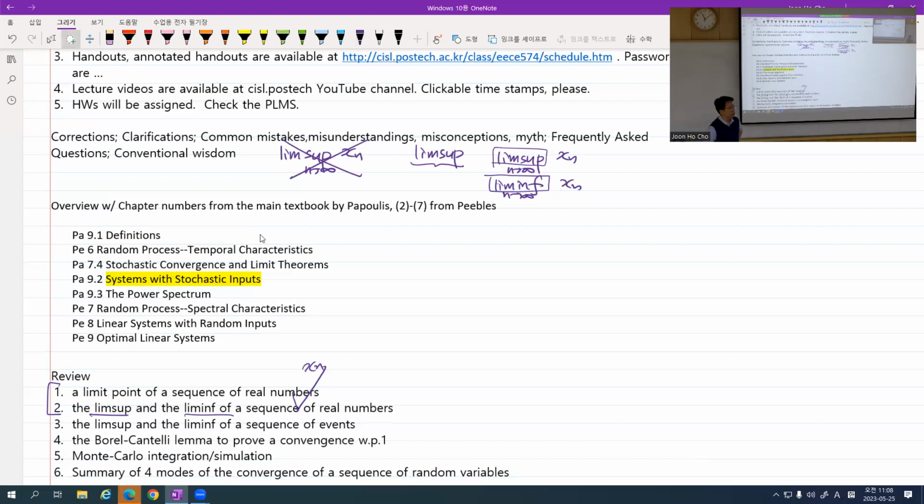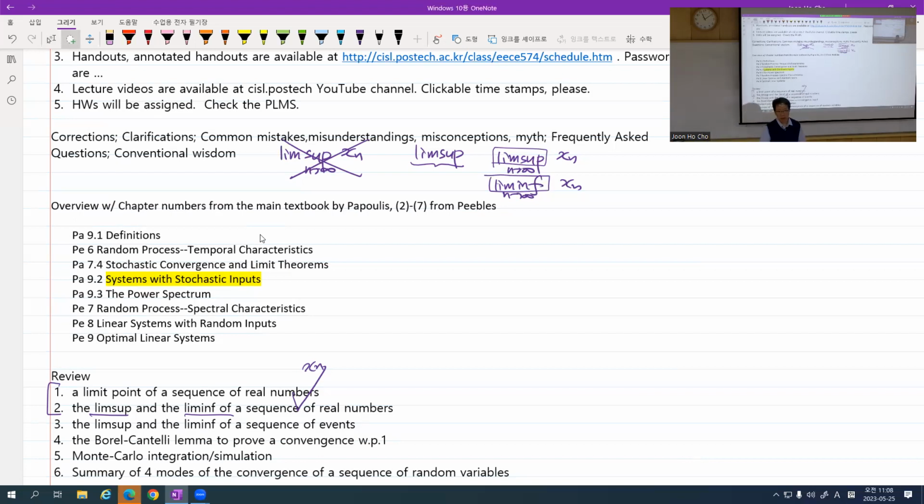given a sequence of subsets, in our case, probably the subsets would be used to represent events in some probabilistic experiment. So suppose we have a sequence of events, then we can similarly define lim sup and lim inf of a sequence of events.